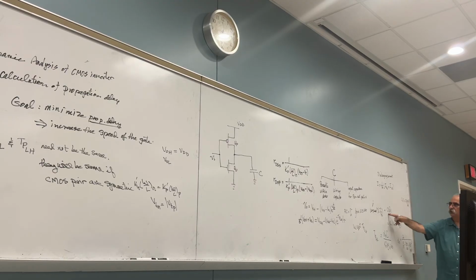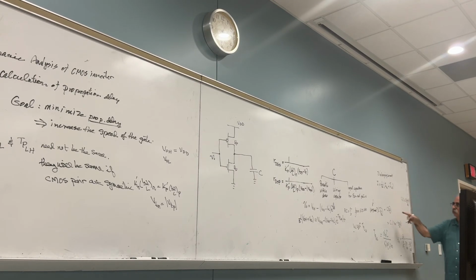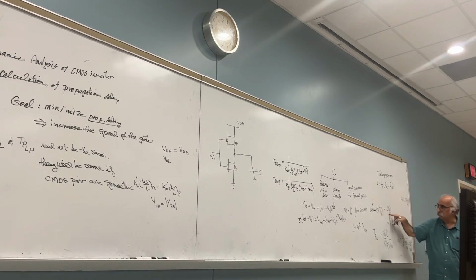This C is this C. Yes, it is C dV by dt. If you put the time here in the denominator, remember we started at time 0. Where did I end up? t_pHL.